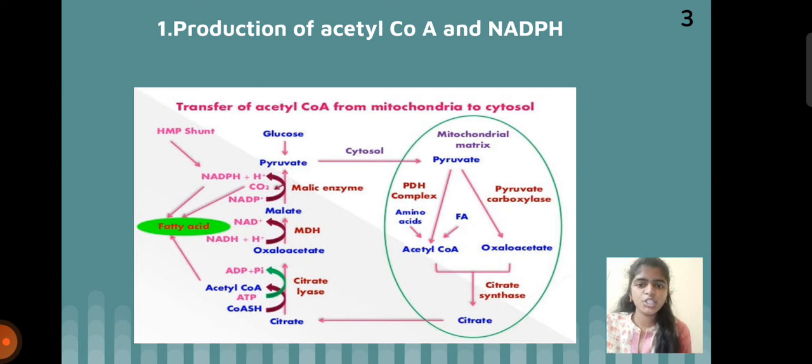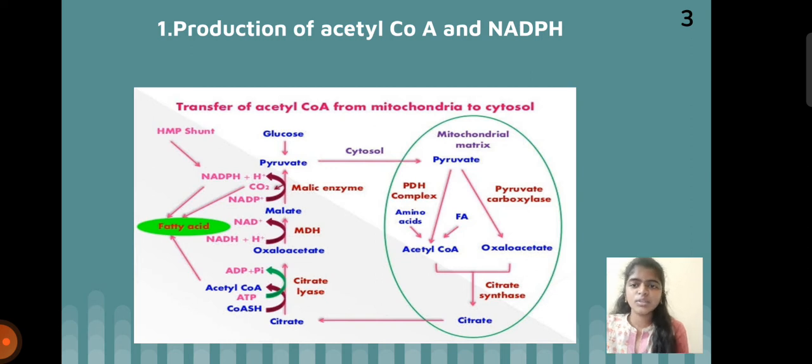Here, NADH2 is oxidized to NAD. The malate is further converted into pyruvate by the enzyme known as the malic enzyme. Here, NADP is converted into NADPH2 and carbon dioxide is released. The NADPH2 from the HMP shunt, carbon dioxide and acetyl-CoA now enter into fatty acid synthesis.